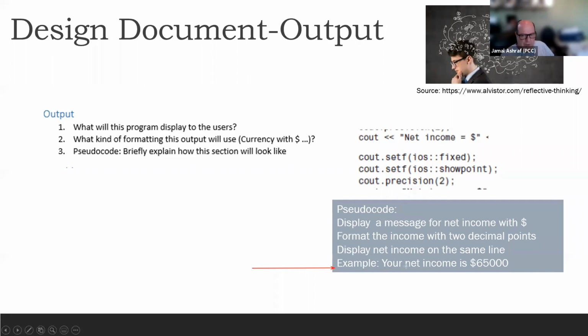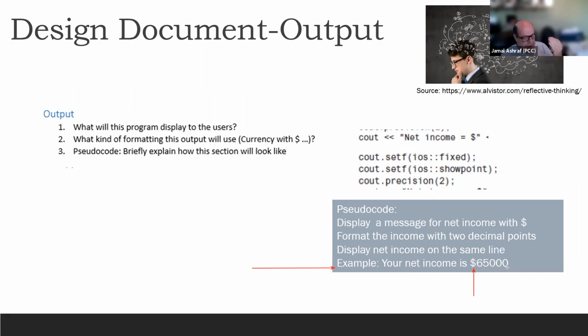So I'm going to say your net income is 65,000 with a $ sign. So I need to have a $ sign. And then I ask the question, does it have to be 65,000 or is it going to be 65,000.00? Remember, US currency has 2 decimal points. So maybe I want to make this 65,000 into 65,000.00.